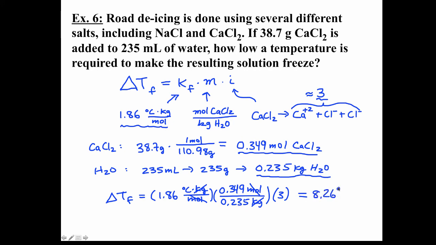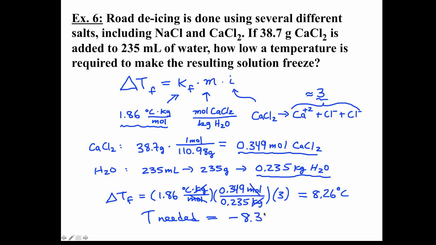8.26 degrees Celsius. And what this means is the solution will freeze about 8.26 degrees lower than that of pure water. And since pure water freezes at about 0 degrees Celsius, then how low a temperature is needed, so the actual temperature that is needed to make the solution freeze, is going to be a little lower than -8 degrees Celsius.